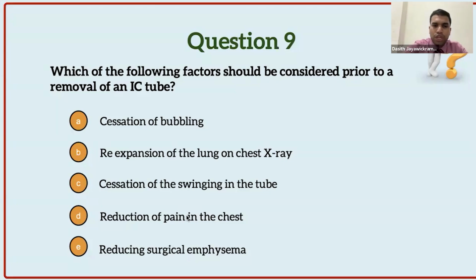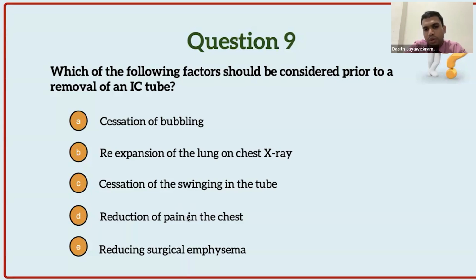If it was done due to a pneumothorax, yes, we have to wait until bubbling ceases. If there's ongoing bubbling, that means the pneumothorax is not settled, or there's an existing bronchopulmonary fistula. Those are the two indications.